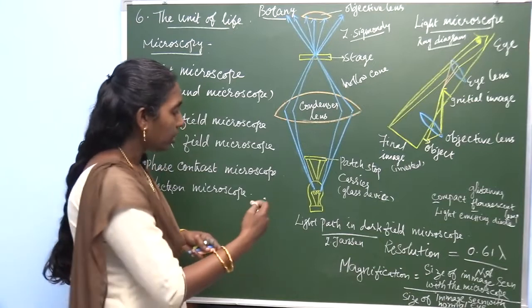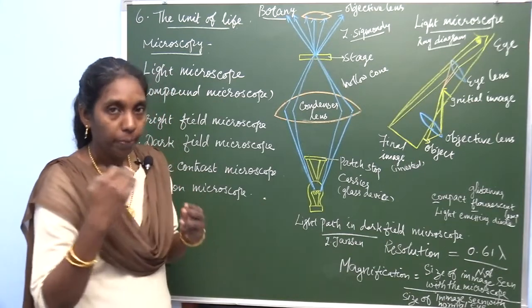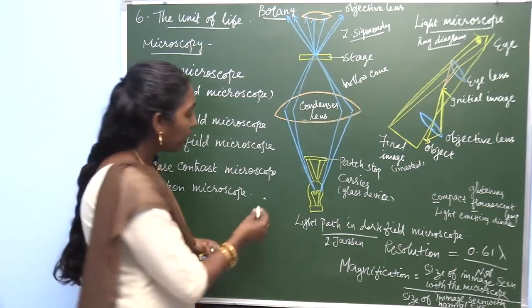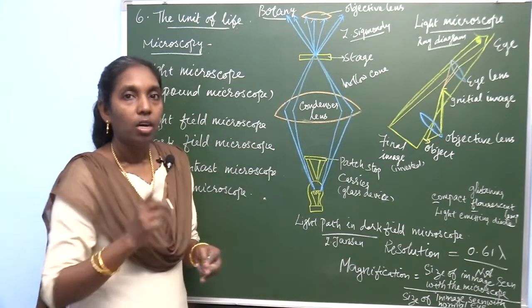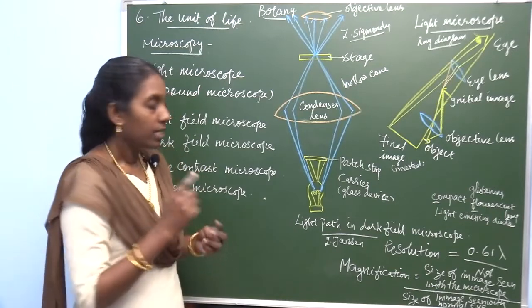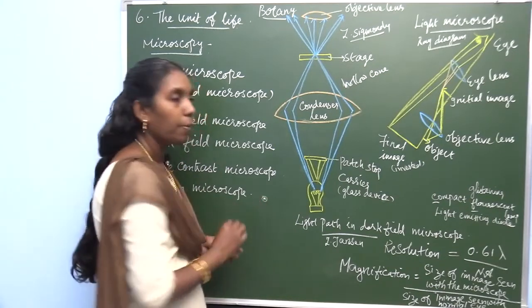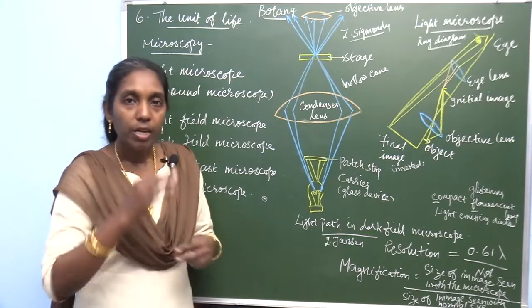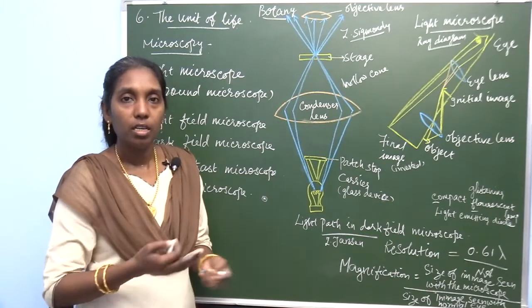If you come closer, depending on the resolving power of your eye, you can identify that there are 2 dots, or else you may think it is one dot. That is resolving power. Beyond this limit, we cannot see the object.